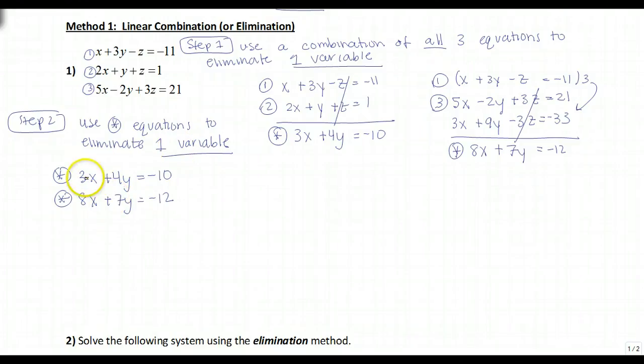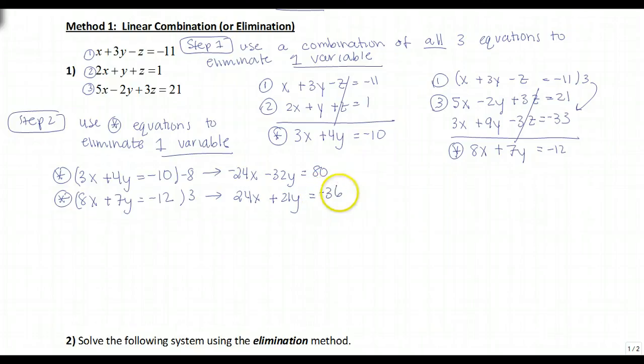That's easy. So I'm going to choose to eliminate x. So I'm going to multiply my top equation by negative 8 and my bottom equation by 3, so we can get them with the same coefficient. So I've got negative 24x minus 32y equals 80. And I've got positive 24x plus 21y equals negative 36.